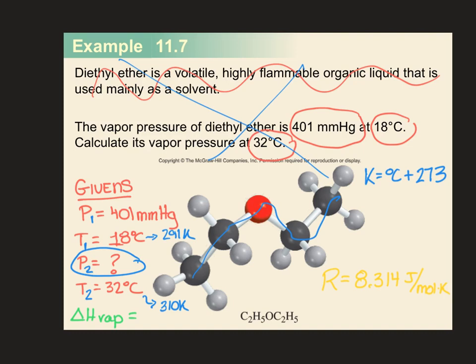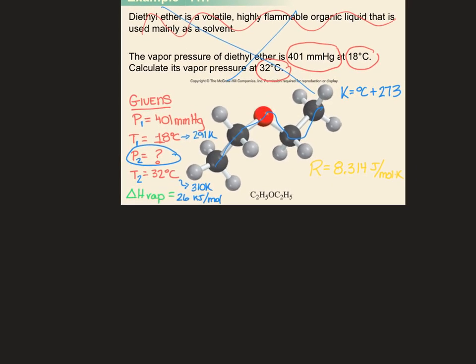Let's get our heat of vaporization and then we'll finish it. It's 26 kilojoules per mole. Now let's list all my givens. I have a P1 of 401 millimeters mercury. I have a T1 of 291 Kelvin.